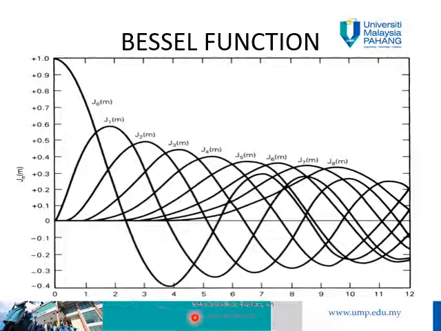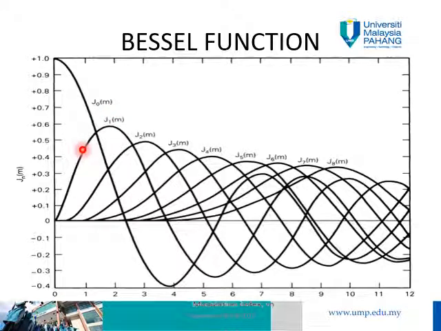Let's say we have a modulation index of 1. So here, 1. We will have the value of J0 around 0.77 or 0.75, let's say. And J1 has a value of around 0.45.